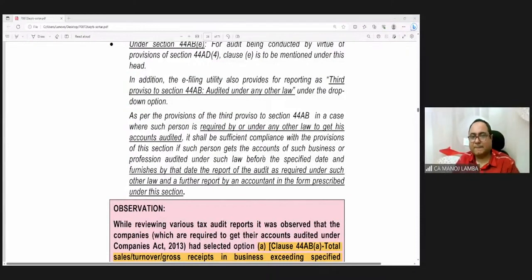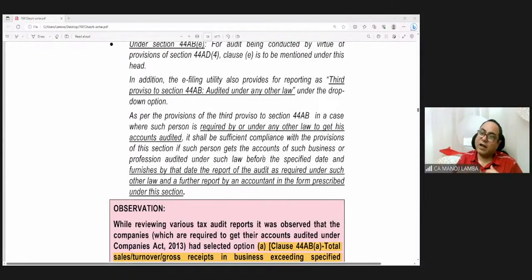As per the third proviso to section 44AB, in case such person is required by or under any other law to get his accounts audited, it shall be sufficient compliance with the provision of this section if such person gets the accounts of such business or profession audited under such law before the specified date and furnishes by that date the report of audit as required under such other law and a further report by an accountant in the form prescribed in the section.